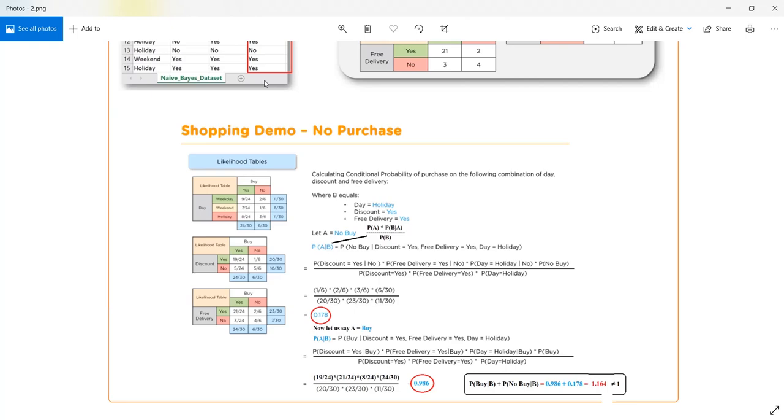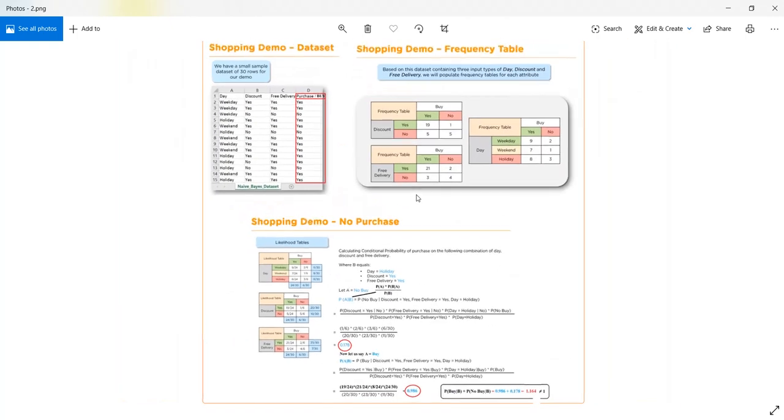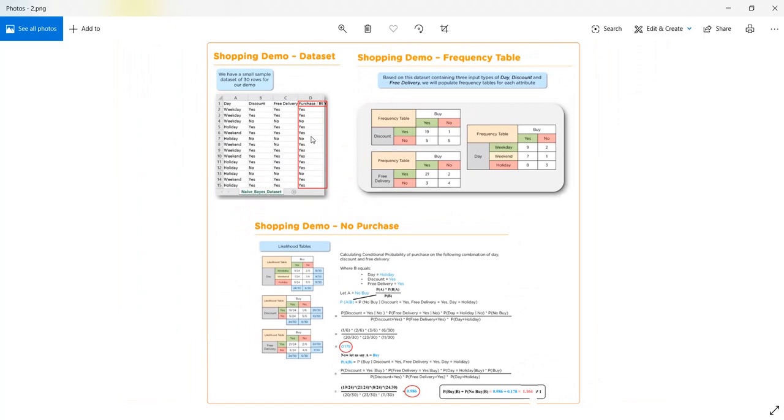Mind it, one of the advantages of the Bayes classifier is that it works so well for a small amount of data and even a small number of columns or descriptive features. But once you change your data set, all these frequencies and calculations will change. So we can keep track of our model and its accuracy.